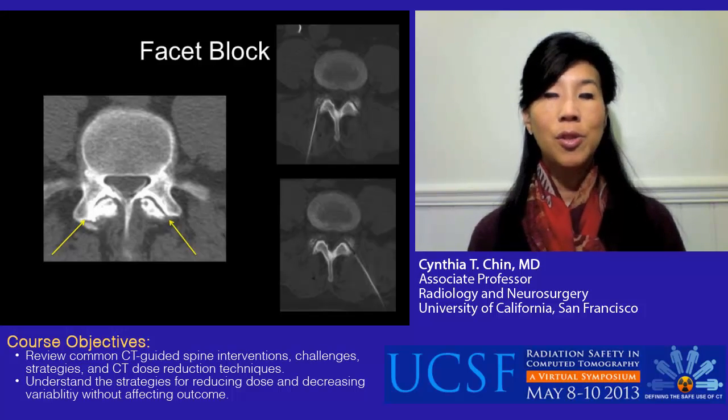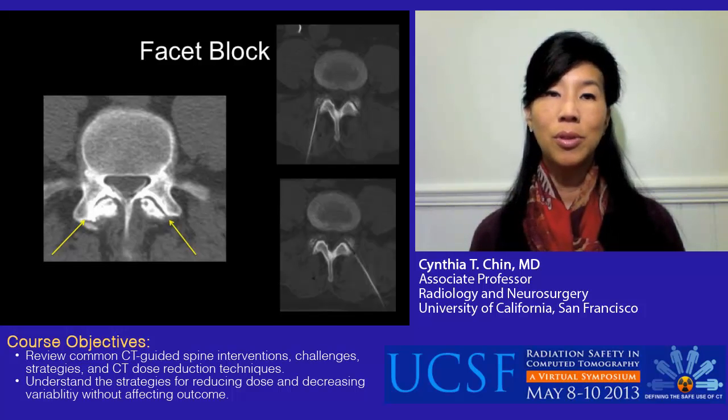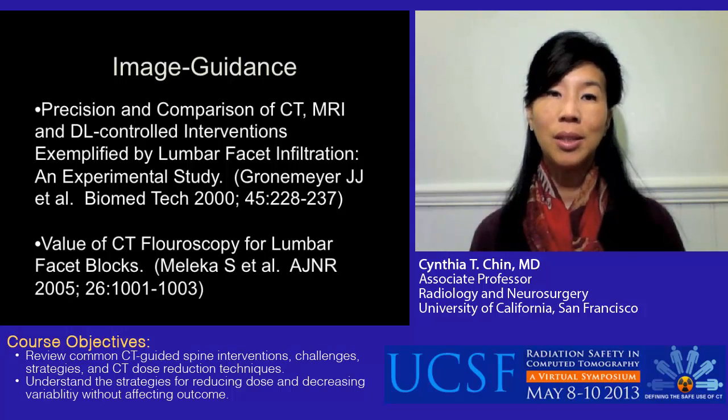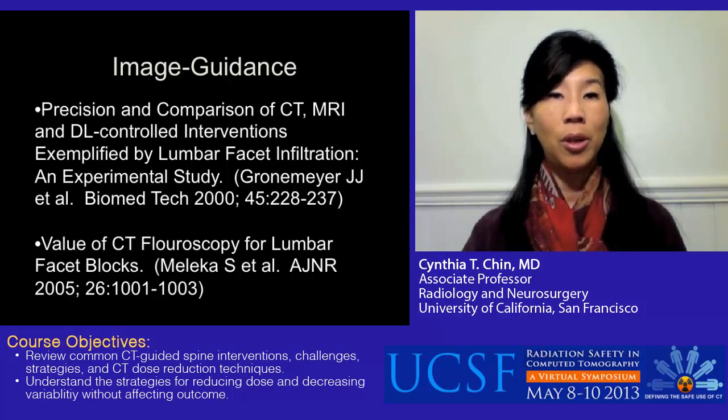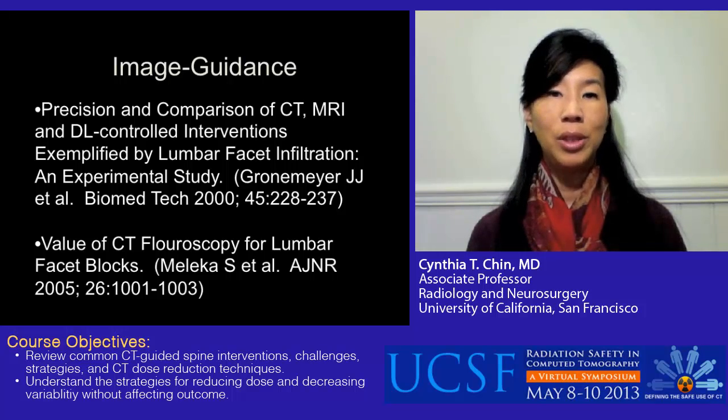And so the small spaces that need to be accessed, such as the facet joint articular space, as well as the epidural space, as well as small structures such as the nerve root, are ideally suited for CT guidance, and we perform our injections and interventions under CT guidance. This modality has been shown to provide accurate and precise placement of needles in these types of injections to treat patients.